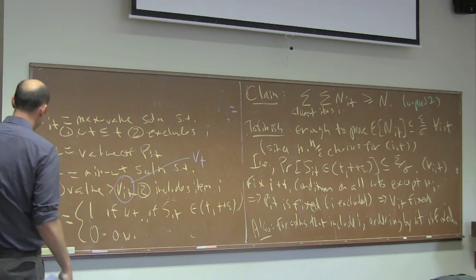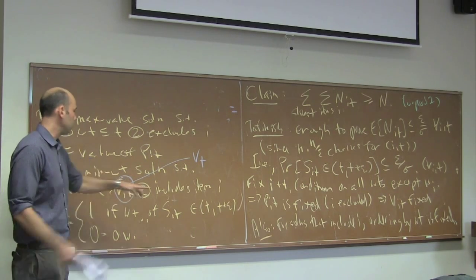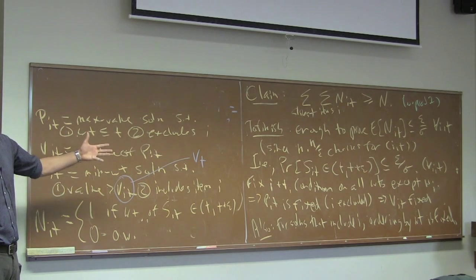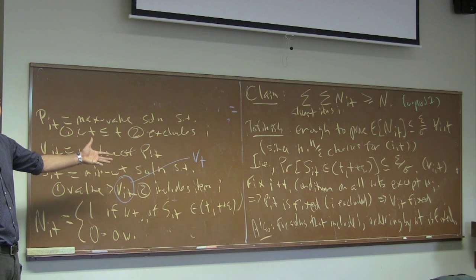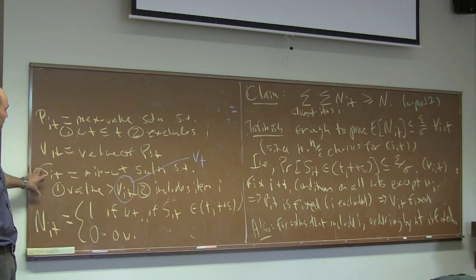And so what is SIT? It says amongst all of the subsets which satisfy properties 1 and 2, which is some deterministic list, find me the one with the smallest weight. Okay, and that's a property only of the relative ordering by weight. Okay? So this is where things glue together just beautifully. Okay? So conditioned on all weights other than the ith one, we know exactly which item set is SIT.